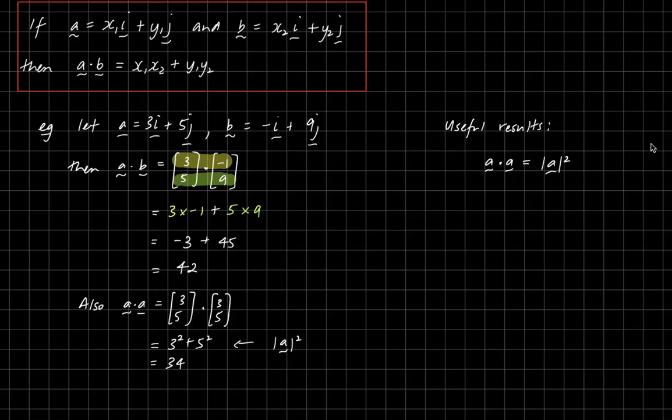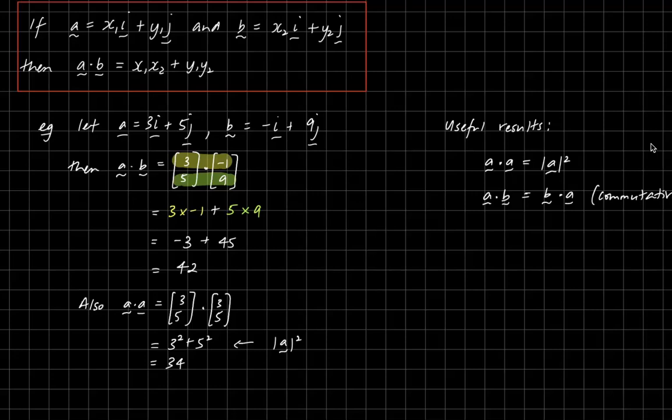The second one, which hopefully you could see fairly easily if you reverse the order of A and B, is that the dot product, the scalar product, is commutative. Remember that means if we switch the order of the inputs in our operation, then it makes no difference to the answer. So reversing the inputs here makes no difference.